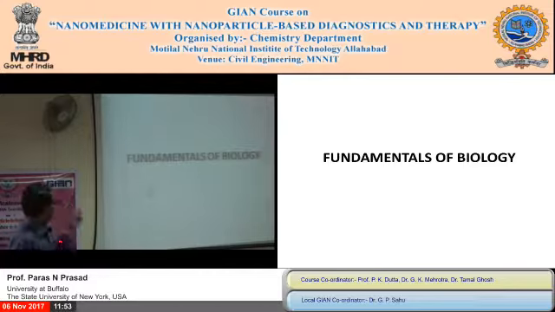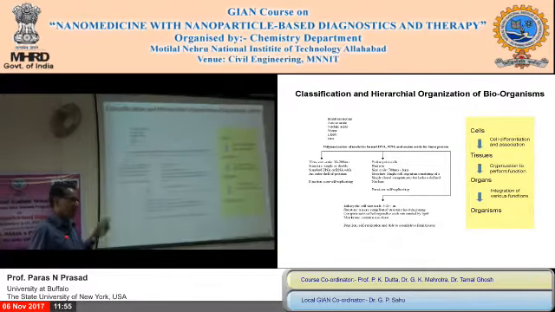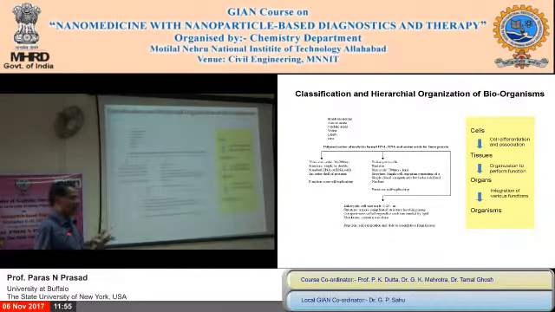So I wrote this chapter, Fundamentals of Biology, in my book on biophotonics, only for the people who don't know much of biology and are scared to open a thick book. Minerals and all these chemicals are lifeless. You prepare them in a chemistry lab, but they're not living. They don't replicate.